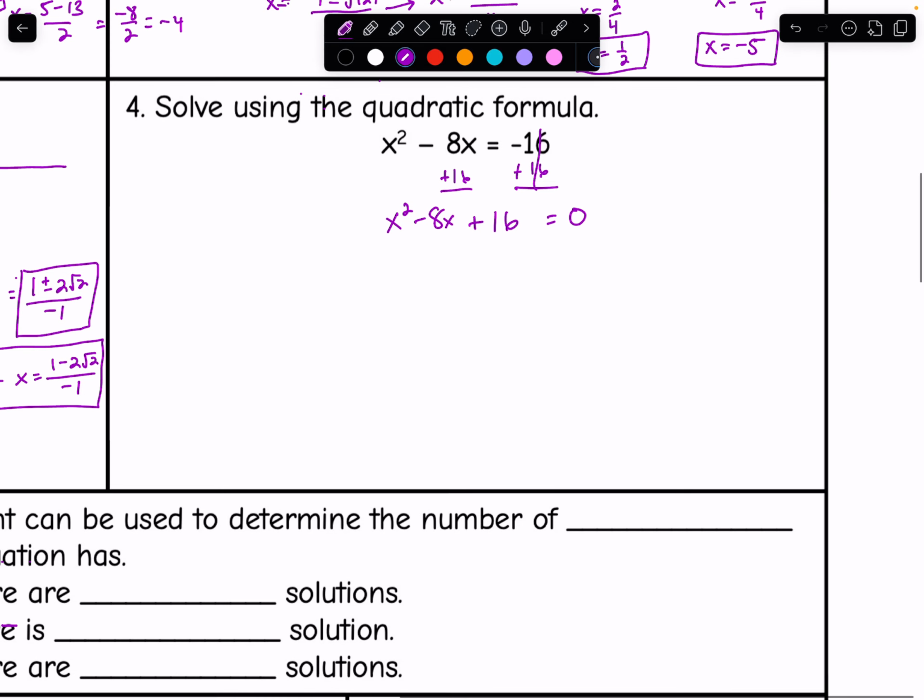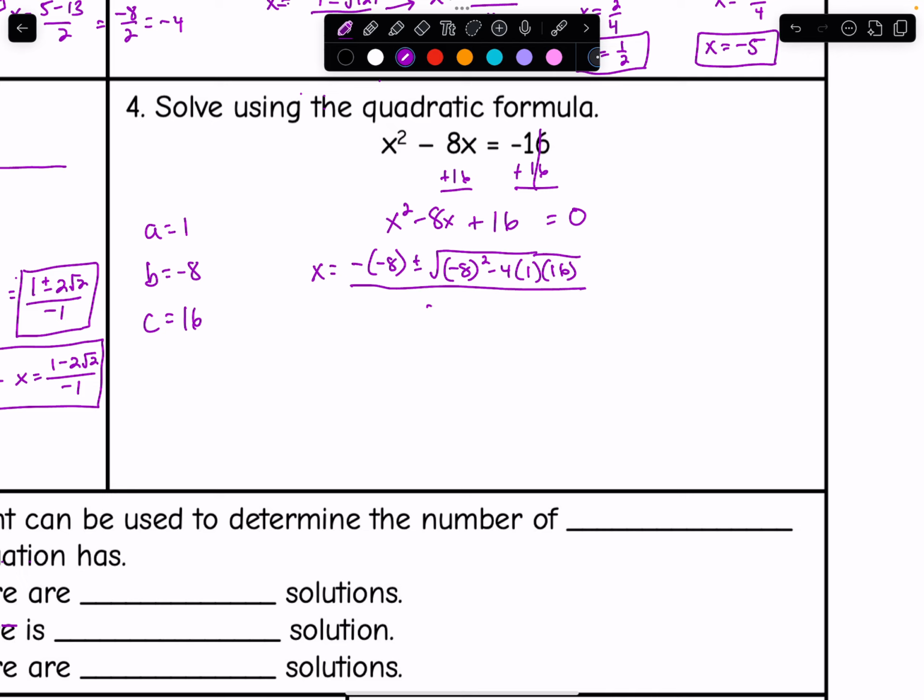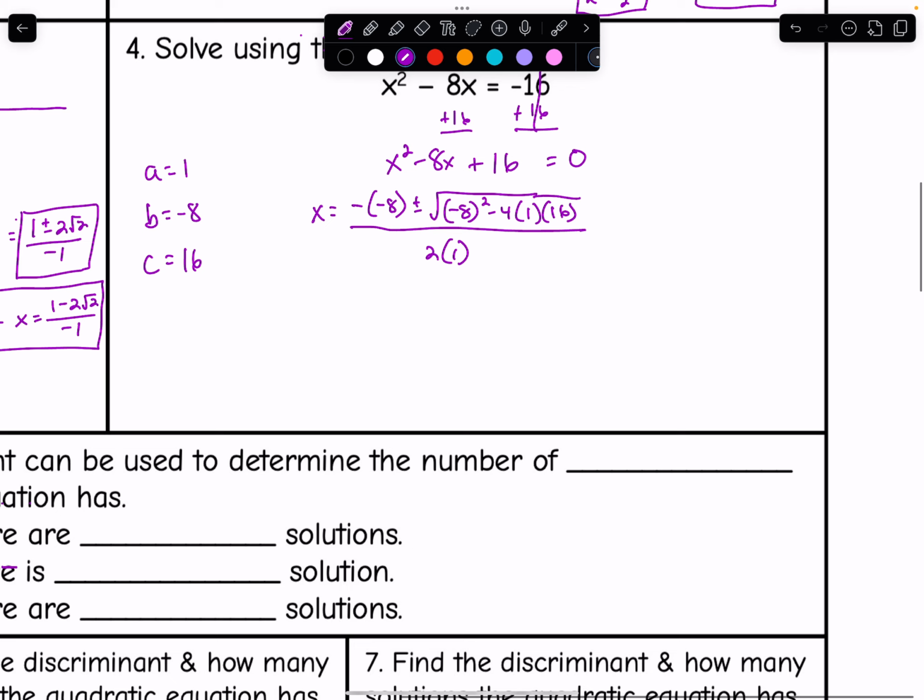All right, so now I'm going to do my quadratic formula. I know that a equals 1, b equals -8, c equals 16. So I say x equals -b plus or minus the square root of b squared minus 4ac all over 2 times a.